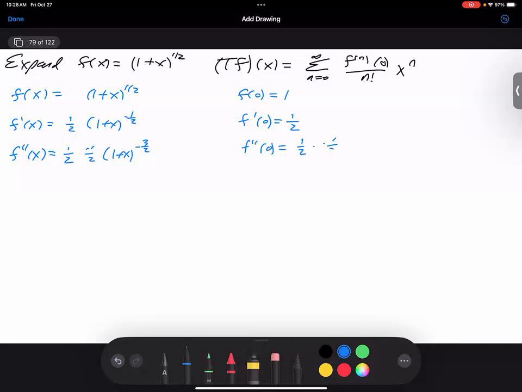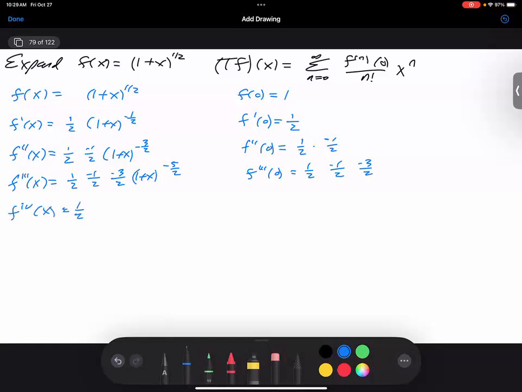1/2 times negative 1/2. Is it clear how I should be writing this at this point? I'm not entirely clear what's the best way to write everything. I want a few more terms. What would f triple prime of x be? We'd have 1/2, negative 1/2, negative 3/2, (1 plus x) to the minus 5/2. f triple prime of 0 is going to be 1/2, negative 1/2, negative 3/2.